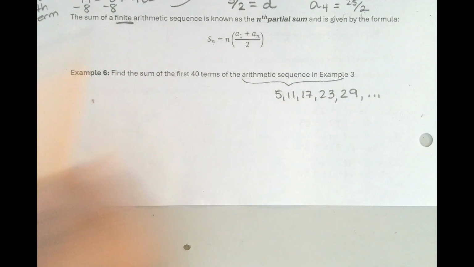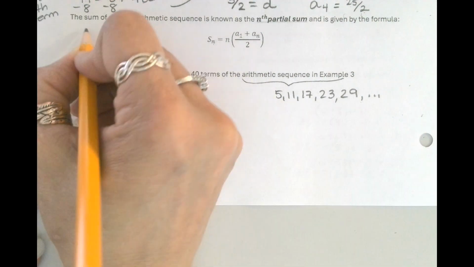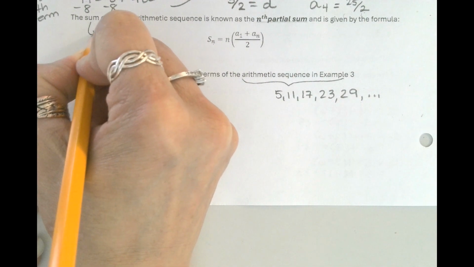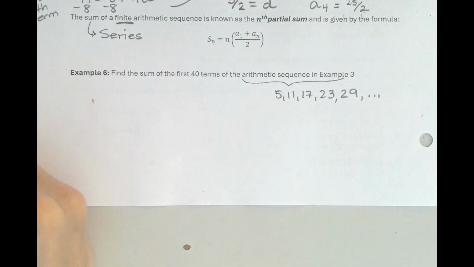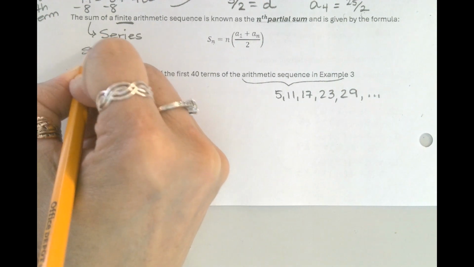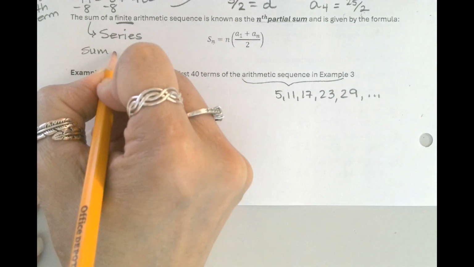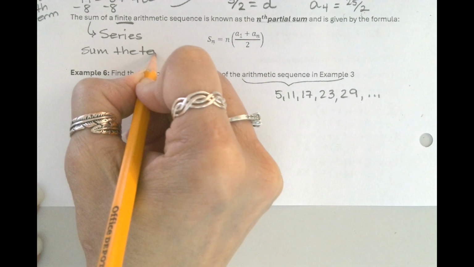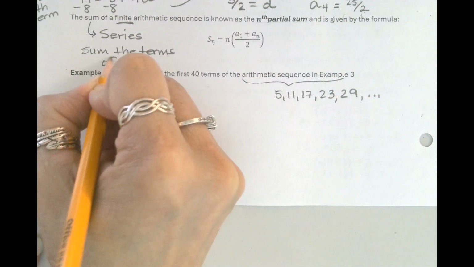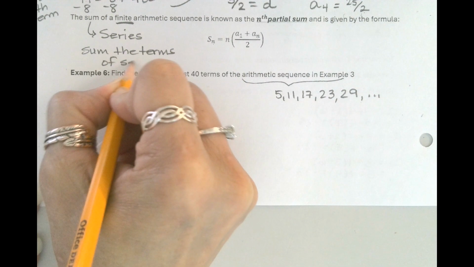Finite being that it is a terminating sequence. Series merely means that you are going to sum up the terms of your sequence. So whatever all those numbers in your list are, you are going to add them up.